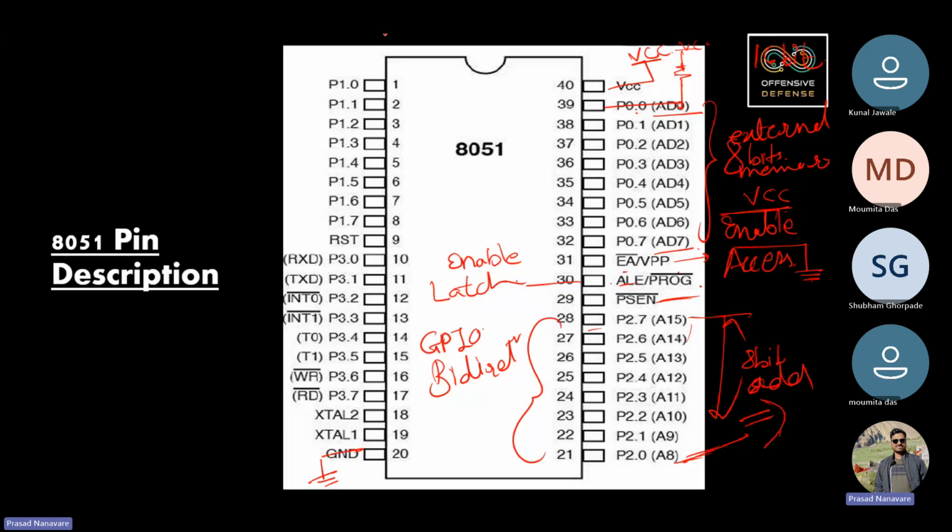Okay, now let's come to port 1. Port 1 is again bi-directional general purpose input output port, which is internally pulled up.